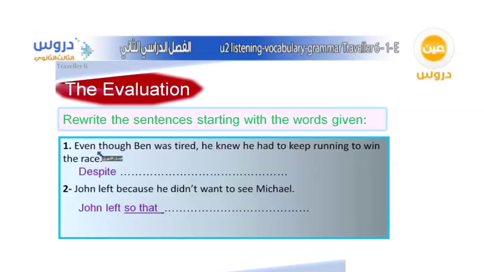So, number 1: even though Ben was tired, he knew he had to keep running to win the race. So we need to use despite, as you have watched in the video, how to write the two sentences in one using, for example, despite.